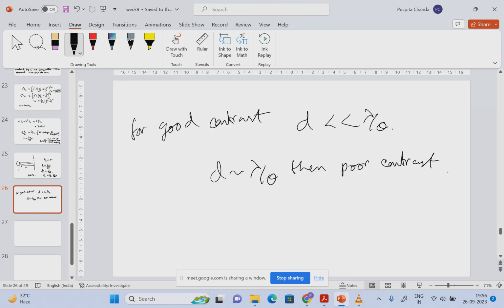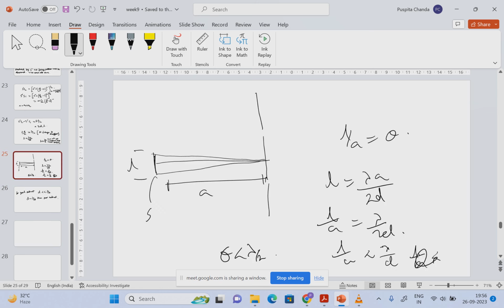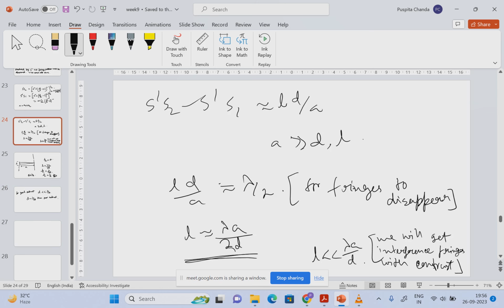If we include diffraction theory, we will get that D should be of 1.22 times lambda by theta, or 2.25 lambda by theta and so on. Also, here we have obtained that L should be of the order lambda A by 2D.